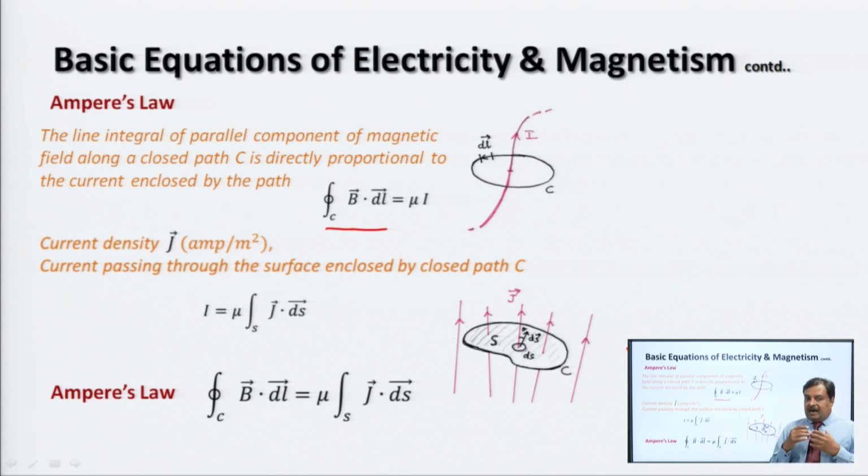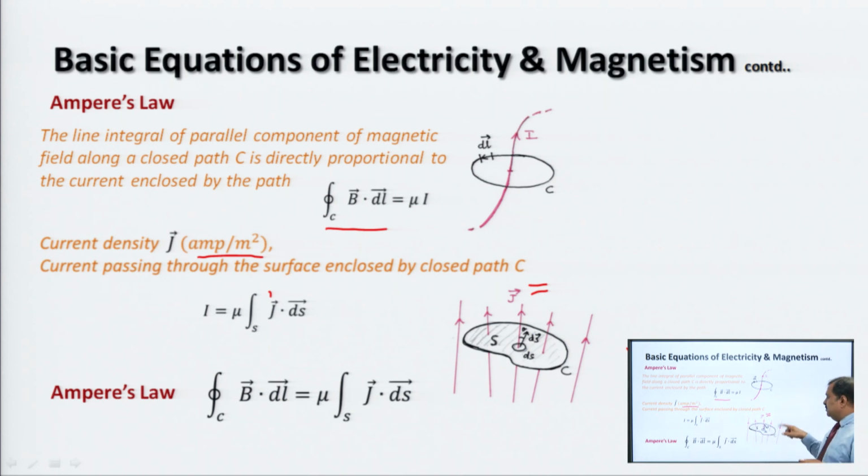Now, let us generalize this equation. Suppose it is not a wire, but there is a region where currents are flowing, and in this region the current density is J. What is current density? The unit of current density is ampere per meter square, current per meter square.